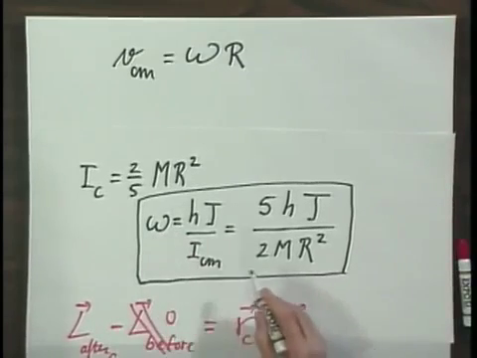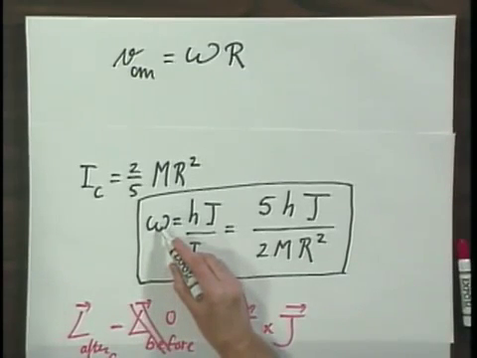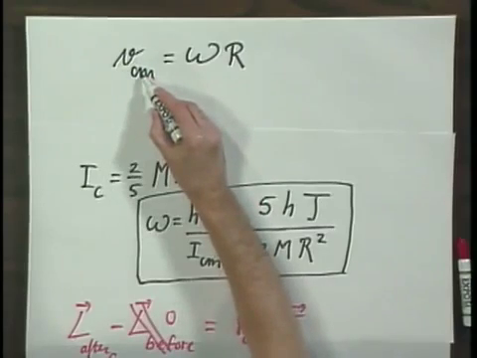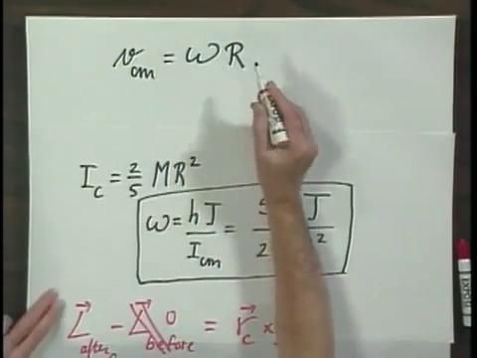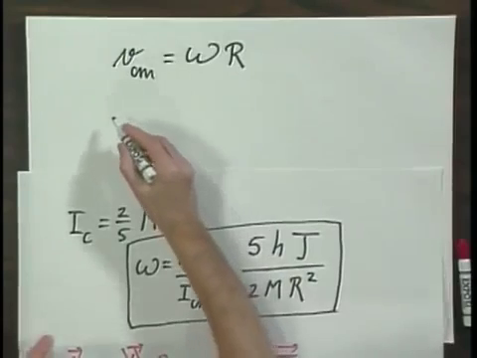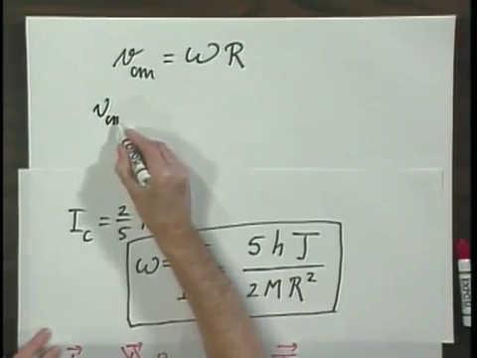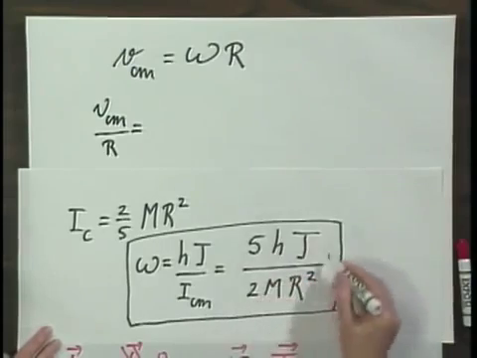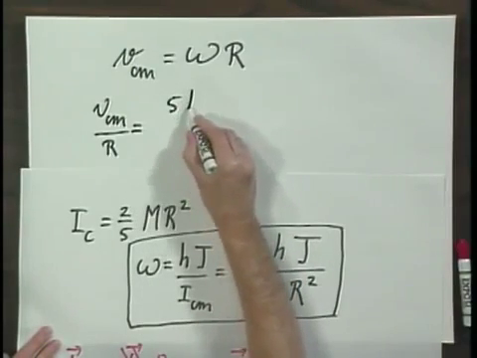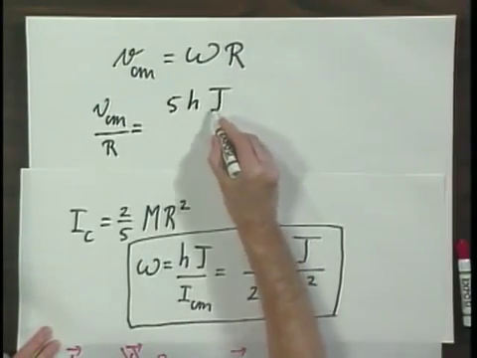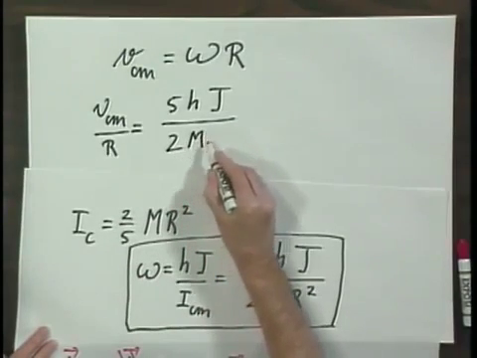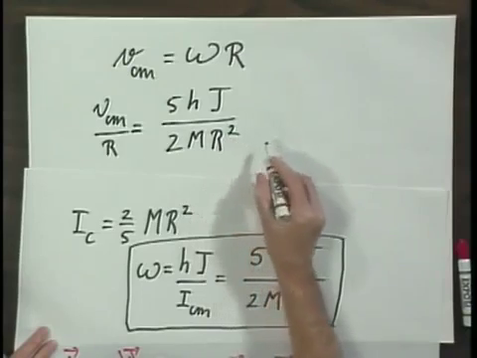You can find that by substituting in here for omega v center of mass divided by r. When I do that, I get v center of mass divided by r equals 5hj divided by 2m r squared.